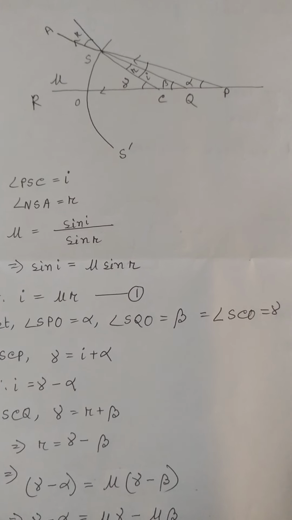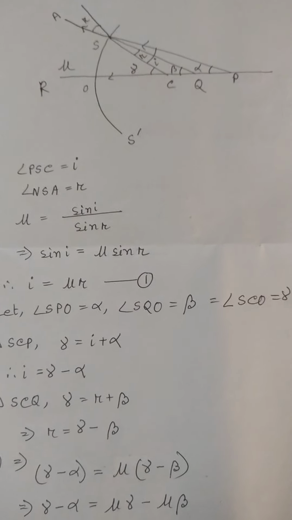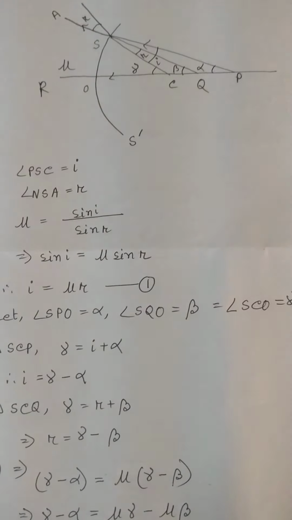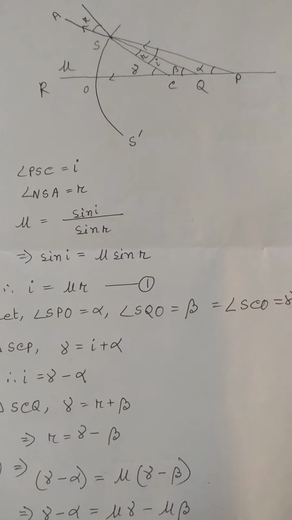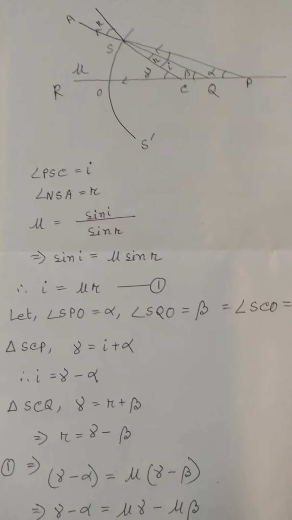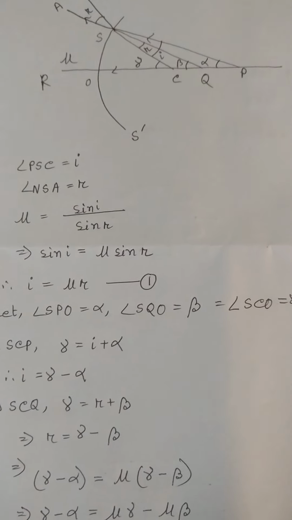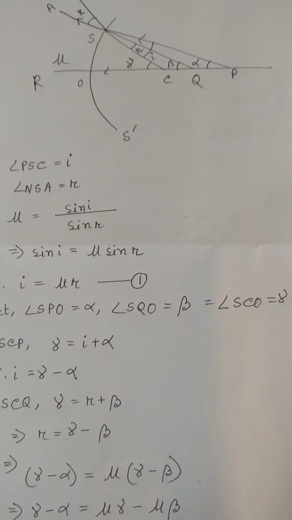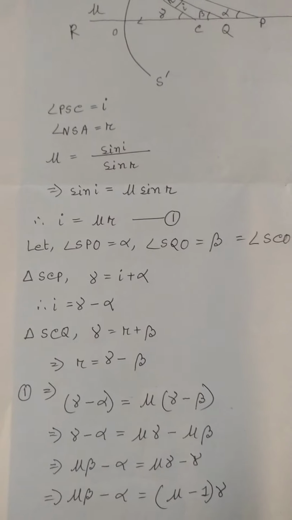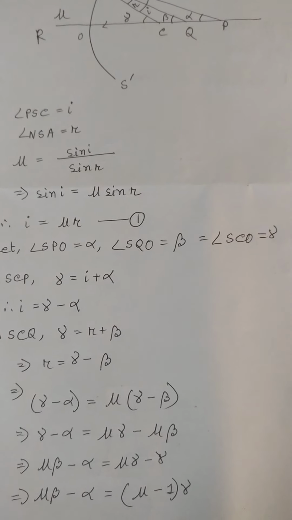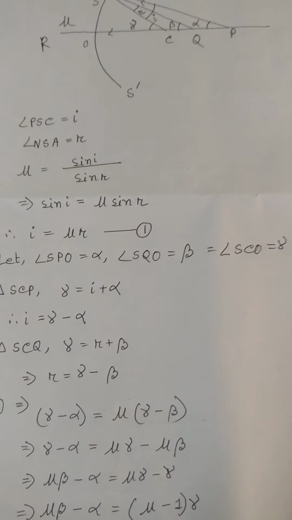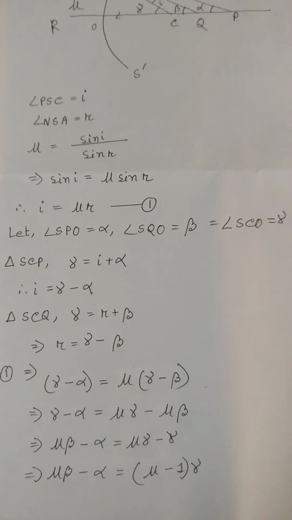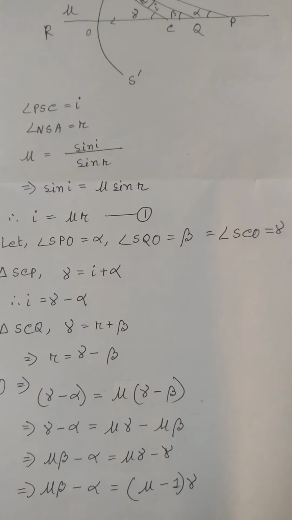Again, from the triangle ACQ, in the same way, we write that gamma equals R plus beta. Here we need R, so R equals gamma minus beta. Now we have found I and R, so we put the values of I and R in equation 1. Then gamma minus alpha equals mu into gamma minus beta, which gives gamma minus alpha equals mu gamma minus mu beta.